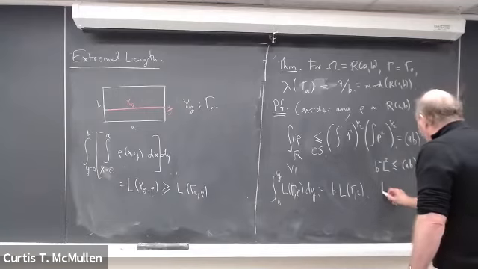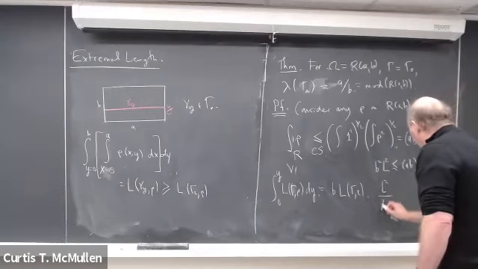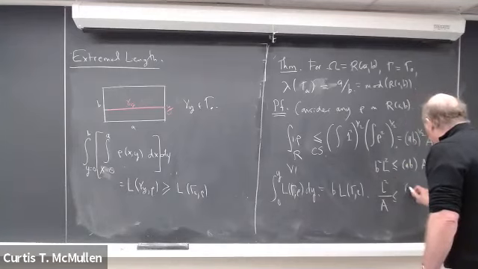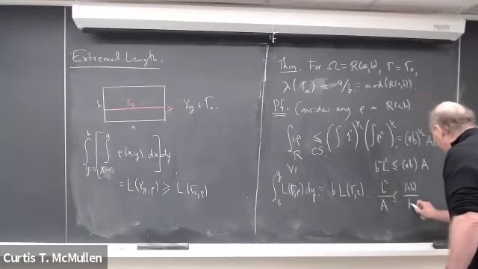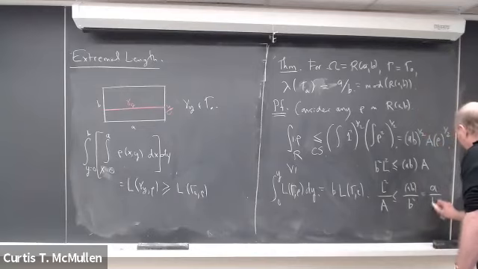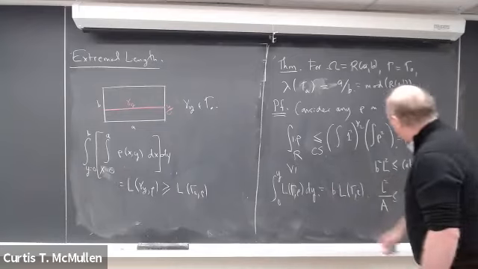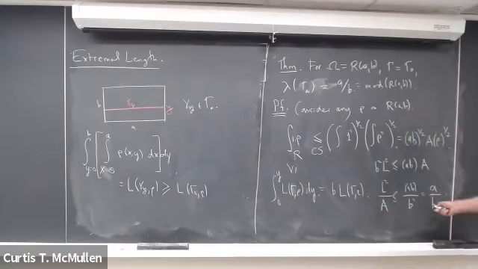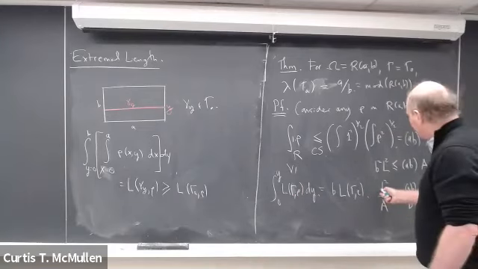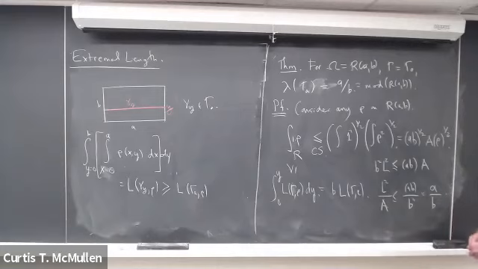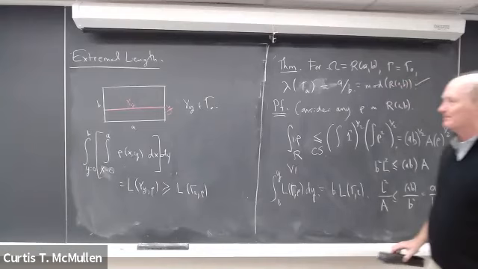So that gives L squared over A is less than or equal to AB over b squared, which is equal to a over b. So what we saw was that for the Euclidean metric, the extremal length of gamma came out to be exactly a over b, and this shows that for any other metric, it comes out less. And therefore, the extremal length is exactly given by a over b. That's the proof of this theorem.